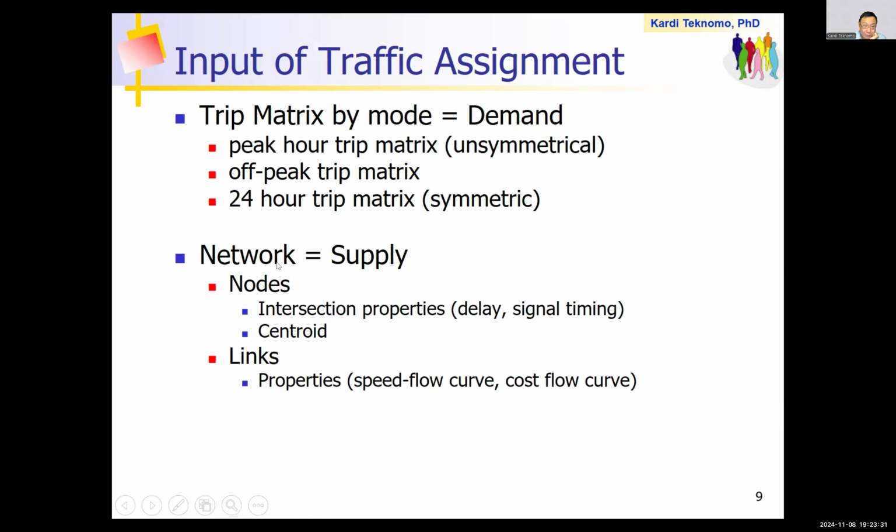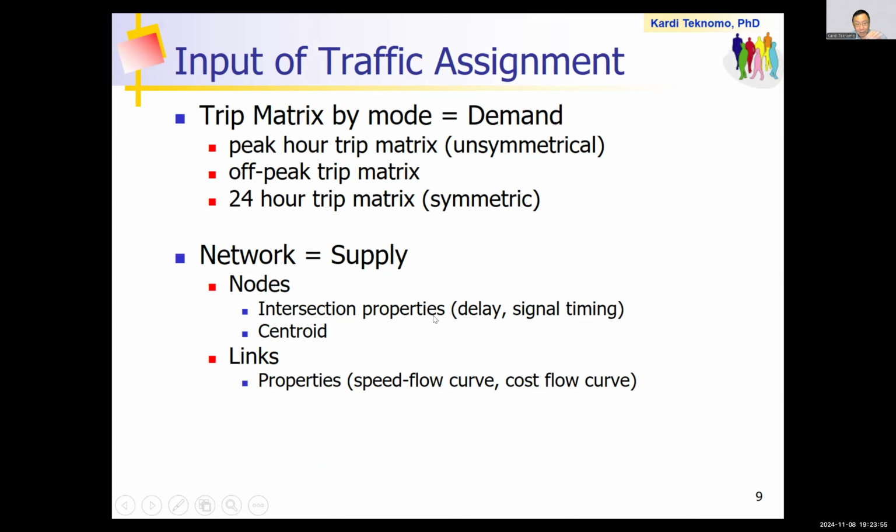Okay, so remember, in the network, the data is the demand and the network. The network represents the supply, and the trip matrix represents the demand. So traffic assignment is where you mix the demand and the supply together. Okay, network consists of nodes and links.